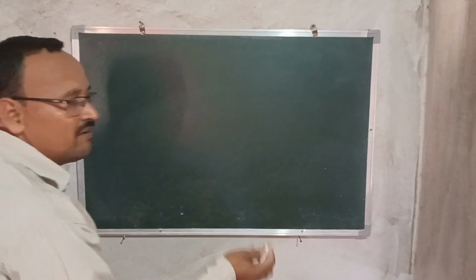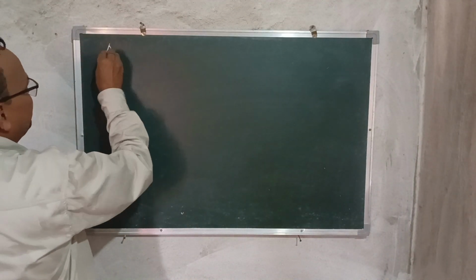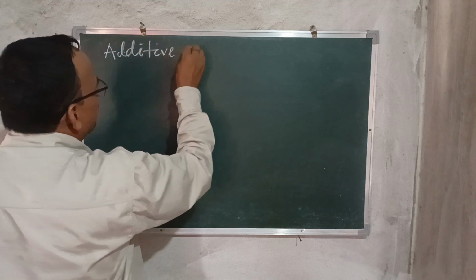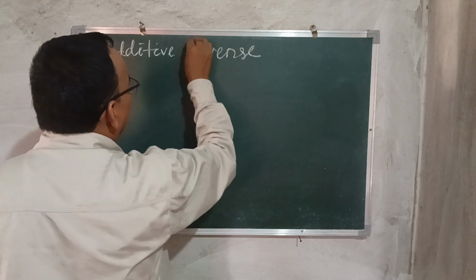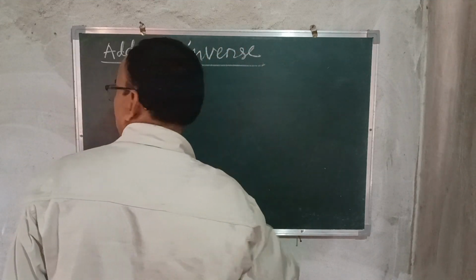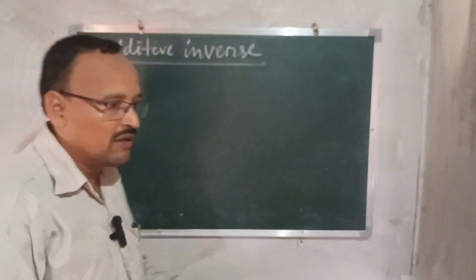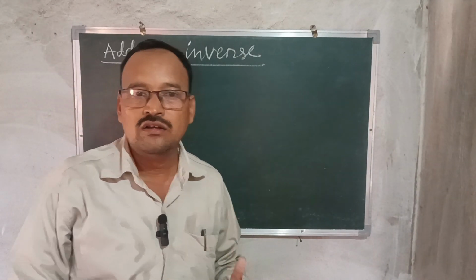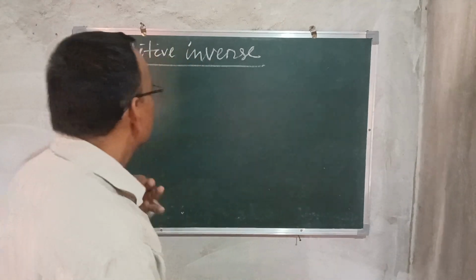Next, additive inverse. The additive inverse of a number is the number which, when added to it, gives the result 0.